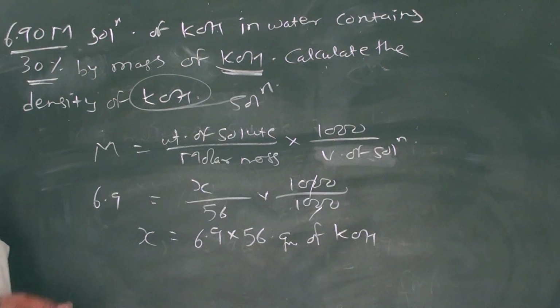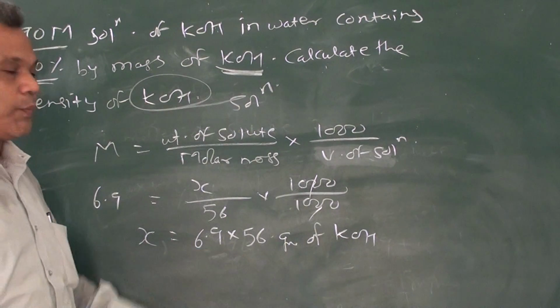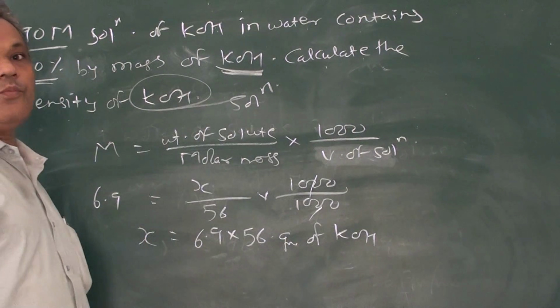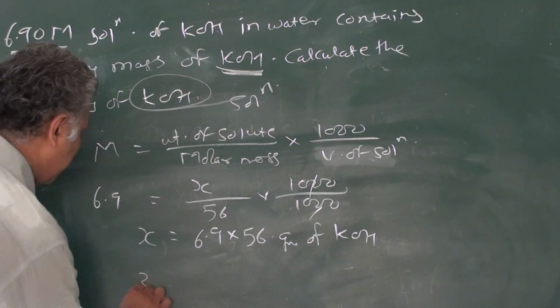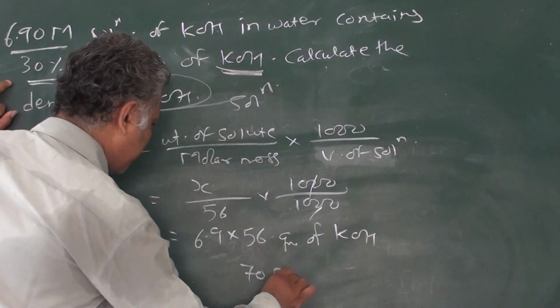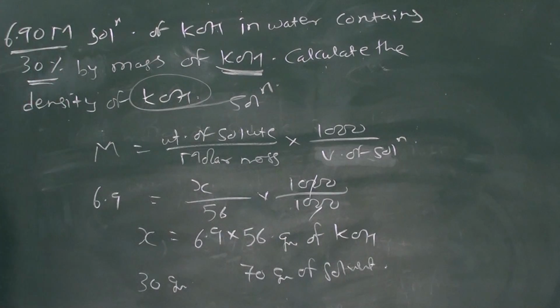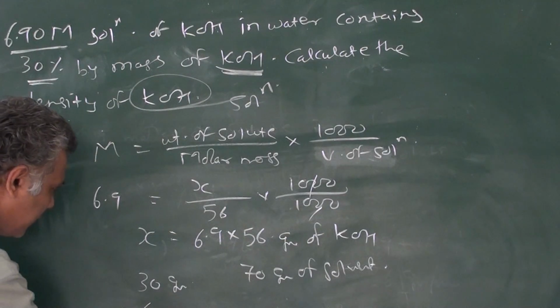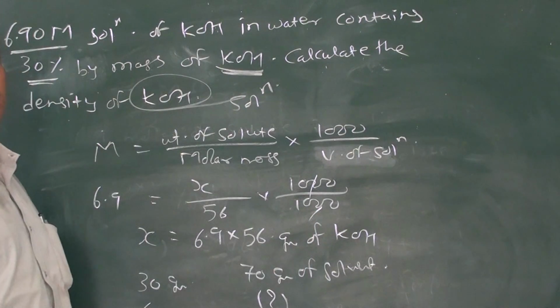I want it as 30 grams and 70 grams. So how much should this volume be? That we will be getting. If I am having 30 grams of solute, 70 grams of solvent, then 6.9 into 56, what will be the amount of the solvent?